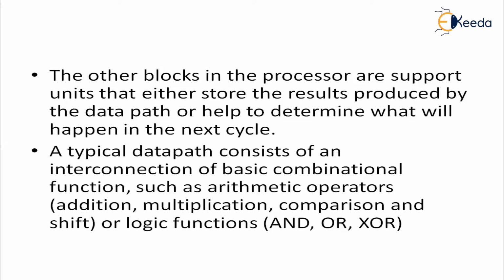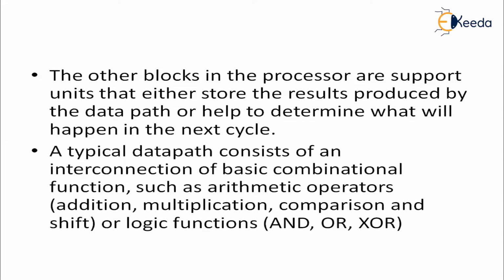Okay, and a typical data path consists of an interconnection of basic combinational functions such as arithmetic operators or logical functions. I said the circuitry is adder, multiplier and shifter. So a typical data path will have an interconnection of basic combinational functions such as arithmetic operators.